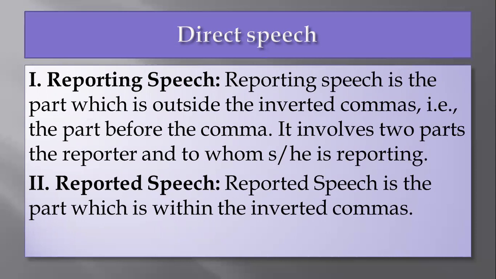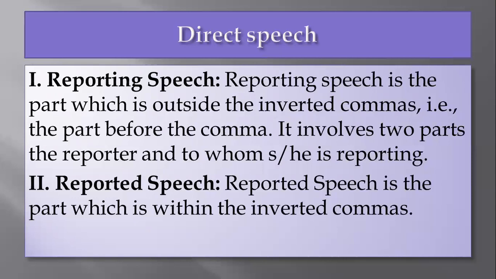At first, let's see reporting speech. It is the part which is outside the inverted commas, that is, the part before the comma. And it involves two parts, the reporter and to whom he or she is reporting.